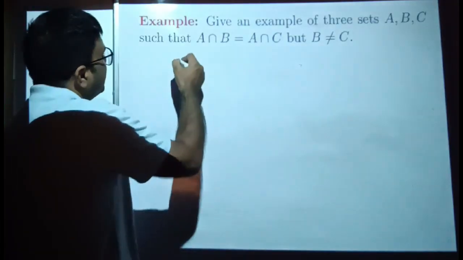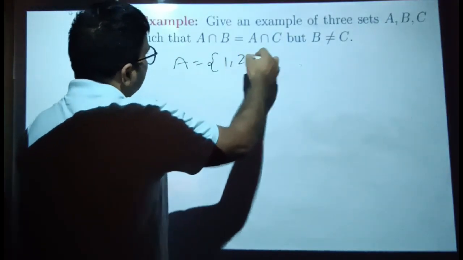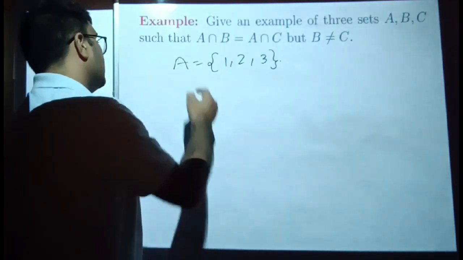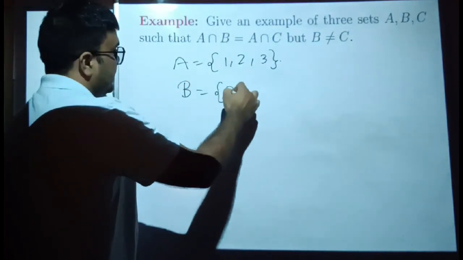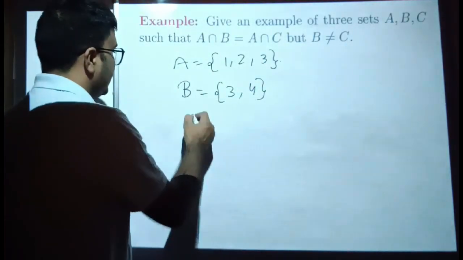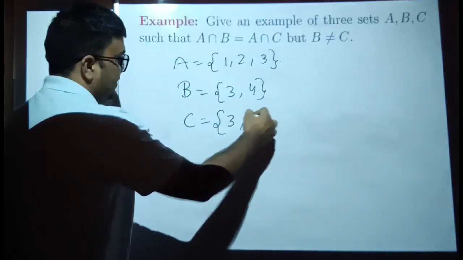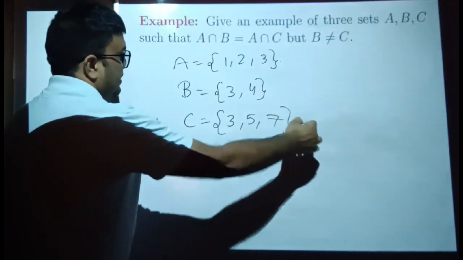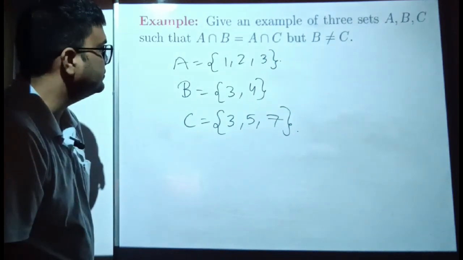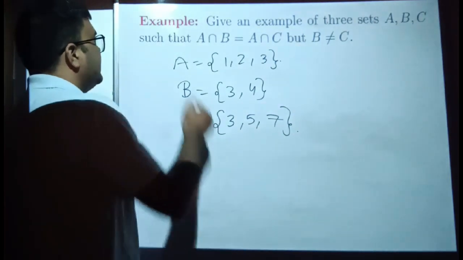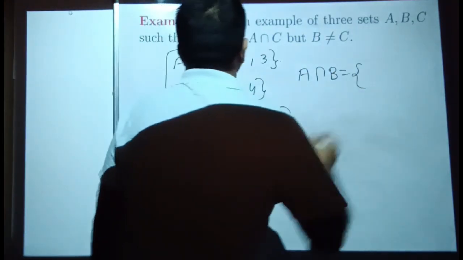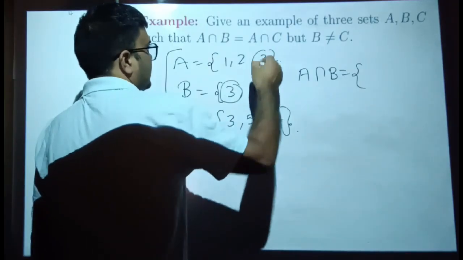So what can we do? We can consider the set A has elements 1, 2, and 3. These are the elements of the set A. Suppose B has elements 3 and 4. And the set C we are considering has the elements 3, 5 and 7. These are the 3 sets we are considering. Now if we calculate A intersection B, what are the common elements over here? 3 is the only common element.